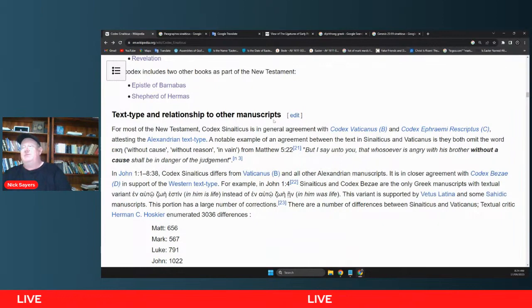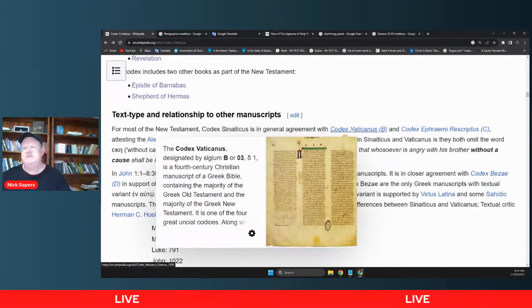The Codex Ephraemi Rescriptus. So for those who aren't aware, Codex Vaticanus, this was a document that was found in the Vatican Library. I think it was in 1478, was it? I might actually go to the article.